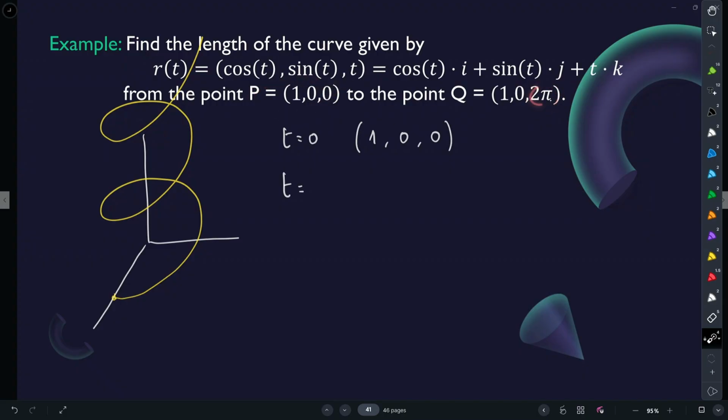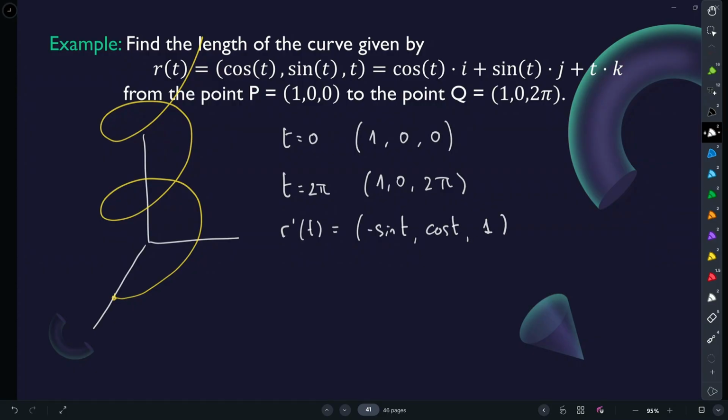At time 2 pi, I'm at the point 1, 0, 2 pi. I have to compute the derivative. R prime of t is minus sine t, cosine t, 1.